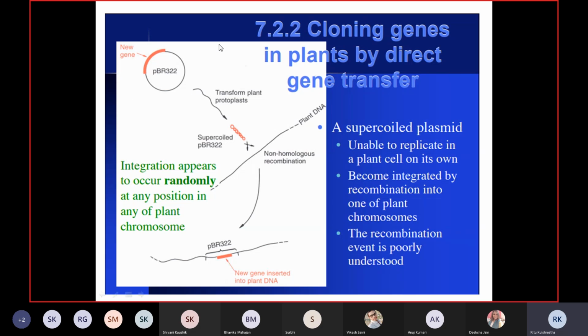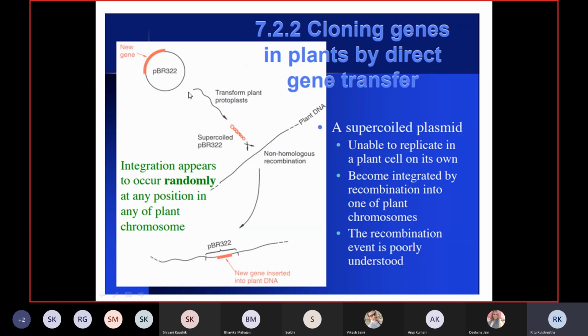Anyway, so one method is that when you incubate your plants, generally you need to remove their cell walls. So if you incubate your plant protoplast in presence of, let's say, a recombinant vector, then how will you transform the protoplast with the recombinant vector?